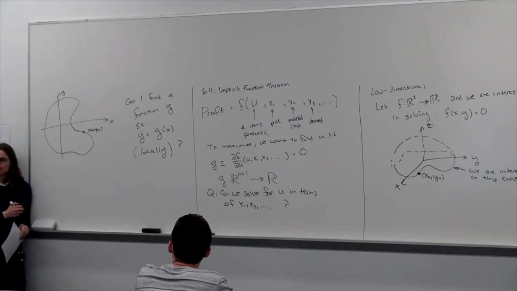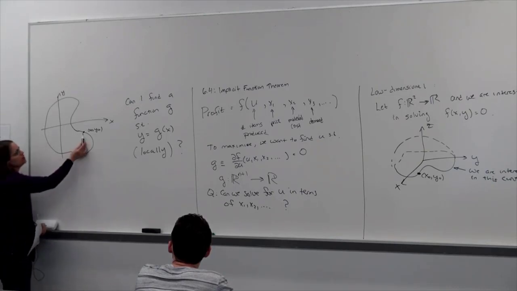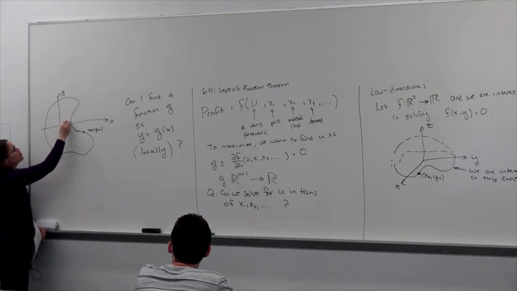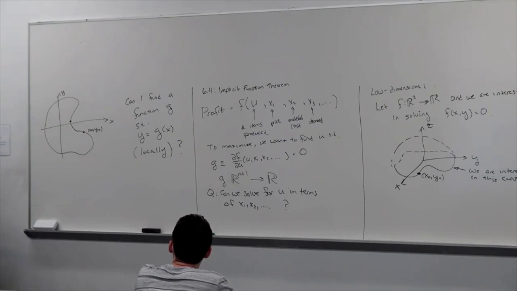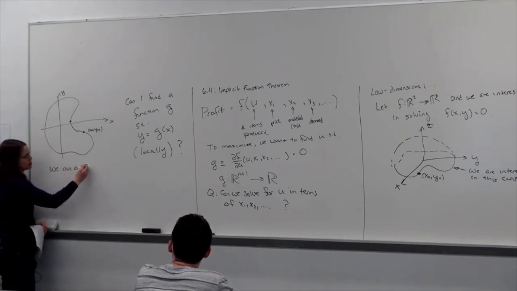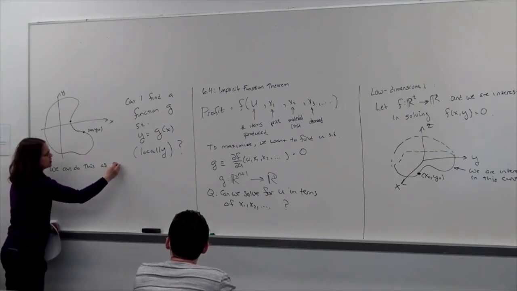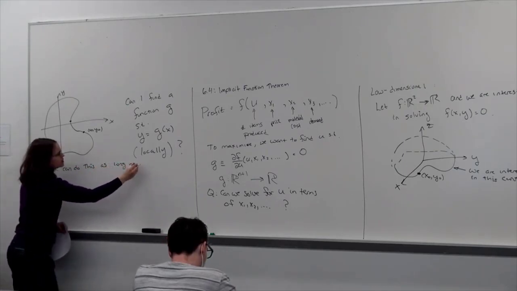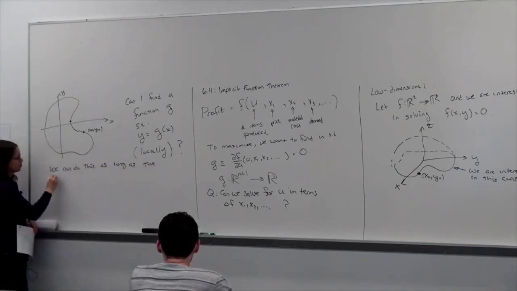No, right? There's going to be some cases where there's a problem. So this point looks okay. If I picked maybe this point right here where I have a vertical slope, that would be not okay. Okay, so we can do this as long as the curve doesn't have a vertical slope.